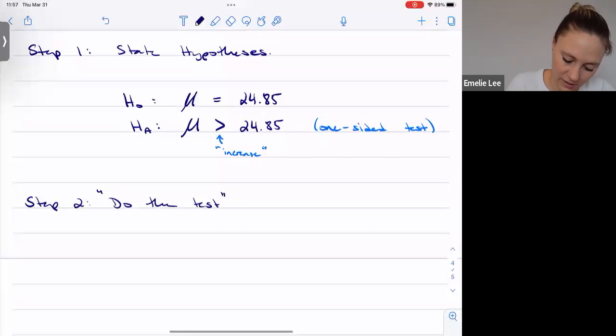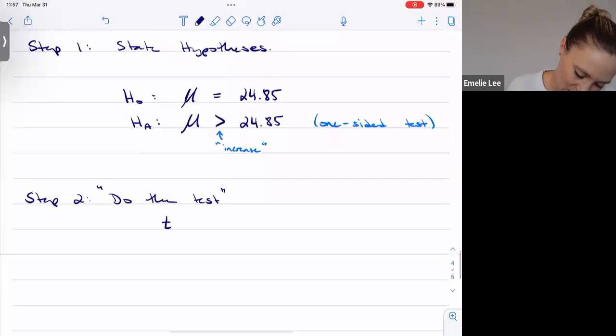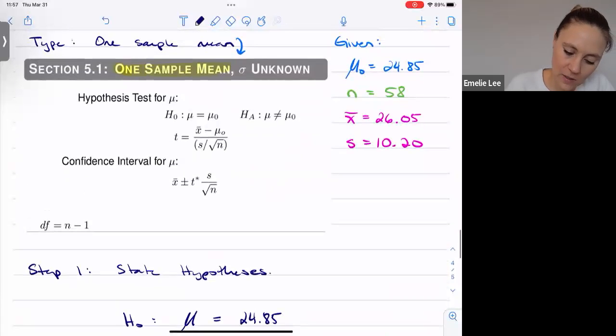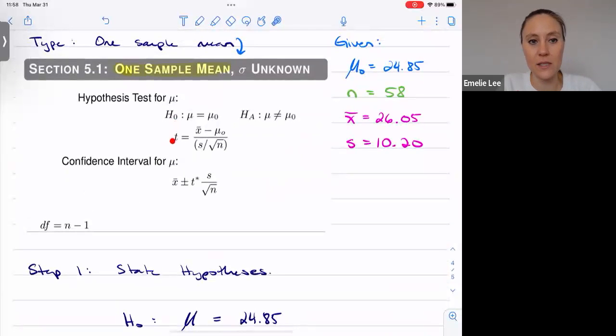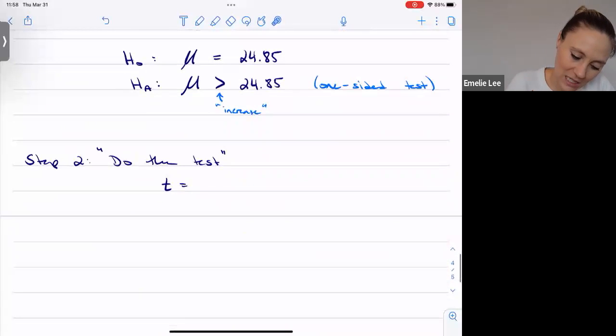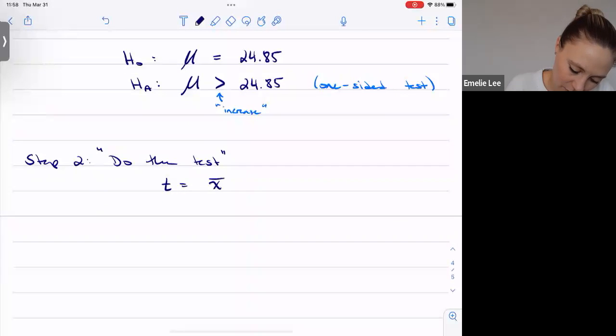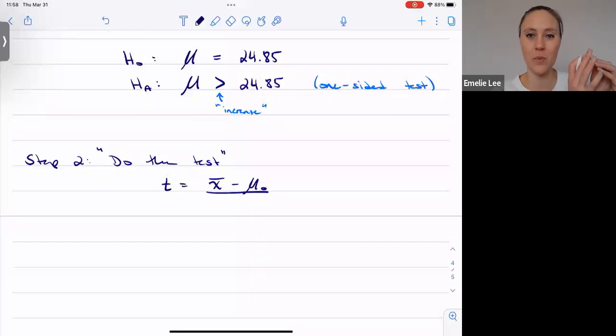I usually put that in quotes because it's a weird way of saying it, but it's okay. Doing the test really means calculate the test statistic that is given on your formula sheet, right? If you can't remember what it is, then it's here, but it's going to be T is equal to X bar minus mu naught. How far is my sample mean of 26 something from 2485?